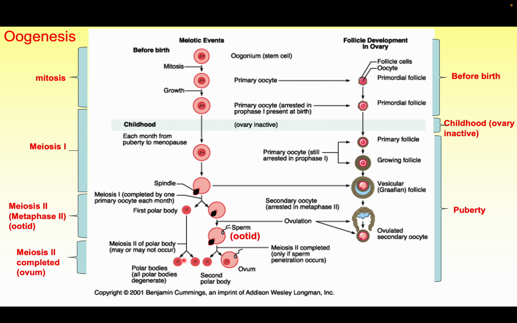Please take note of this key difference between spermatogenesis and oogenesis. The polar bodies are not as functional and as complete when compared to the fertilized secondary oocyte that becomes the ootid.